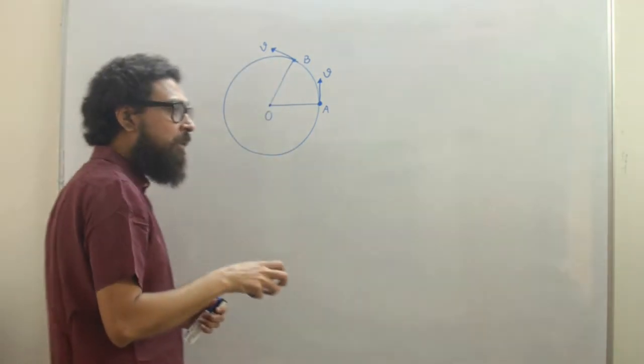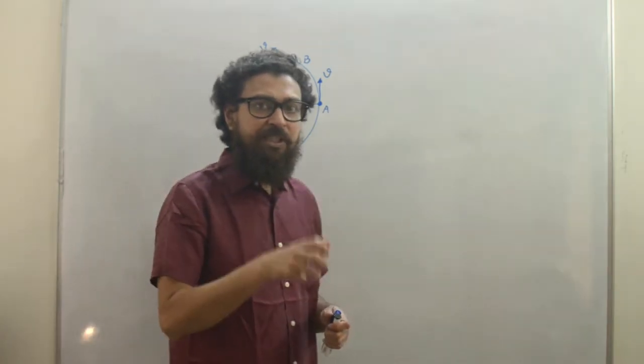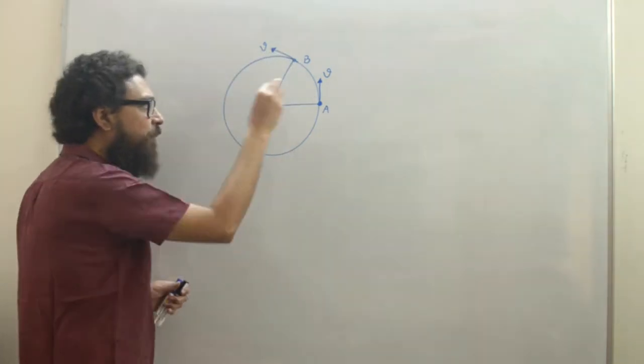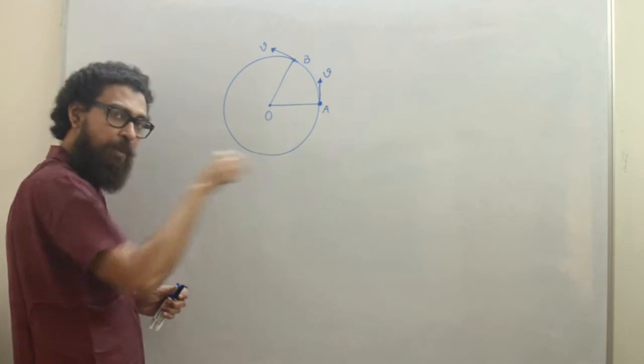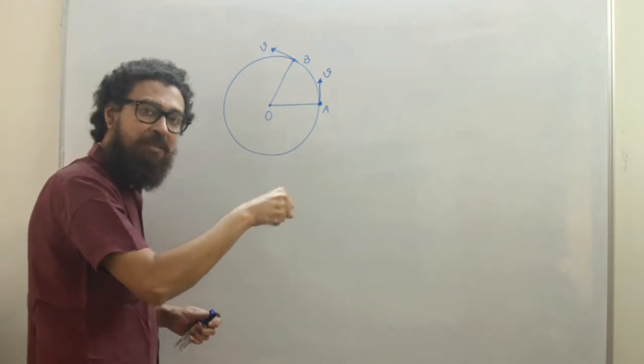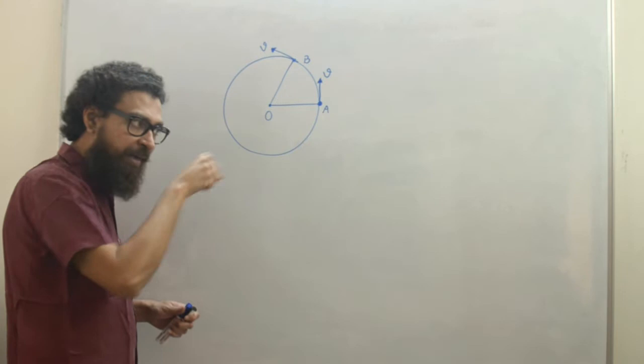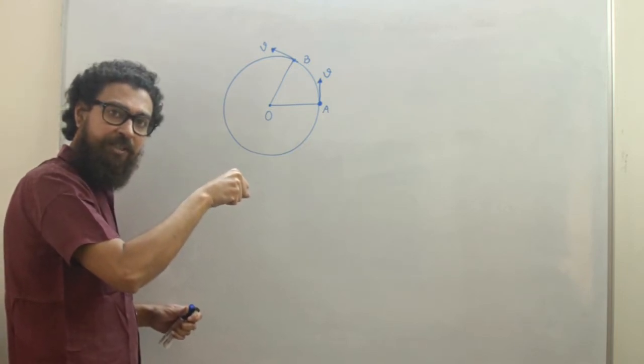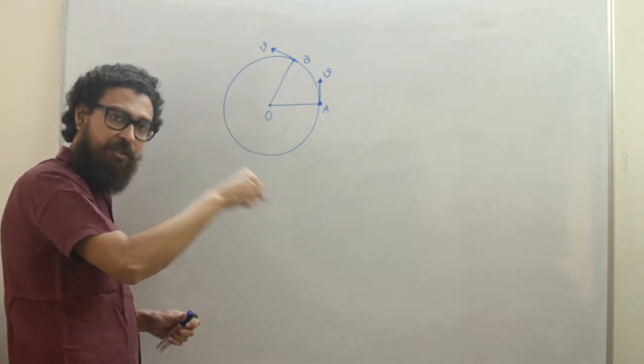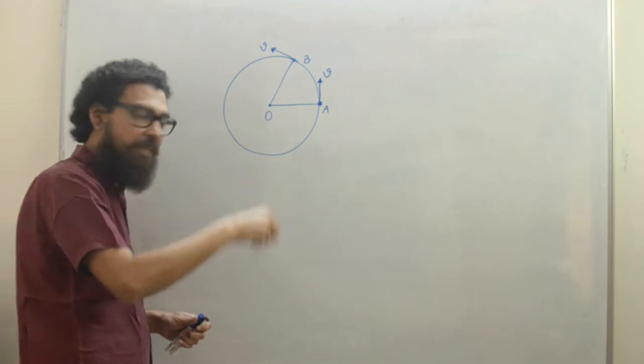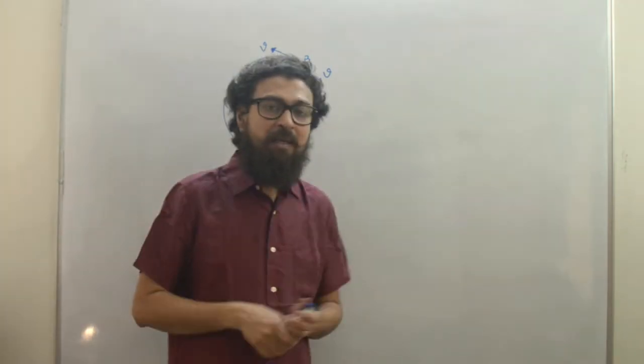Due to this, an acceleration is generated which tries to bind this body or particle to the center, and that acceleration which binds the object to the center is called centripetal.